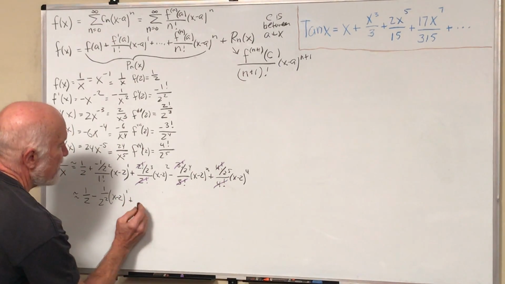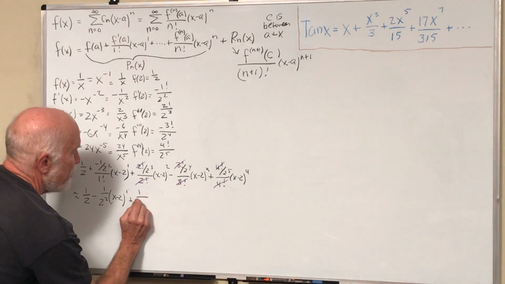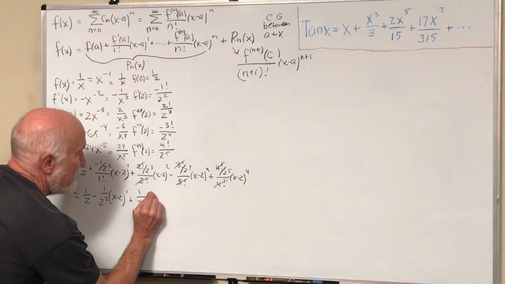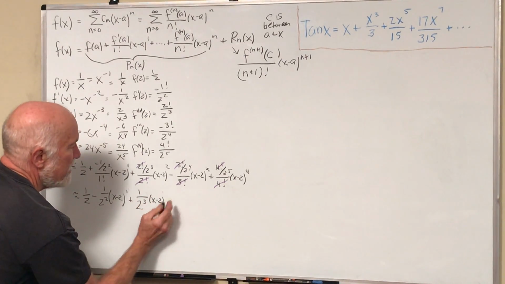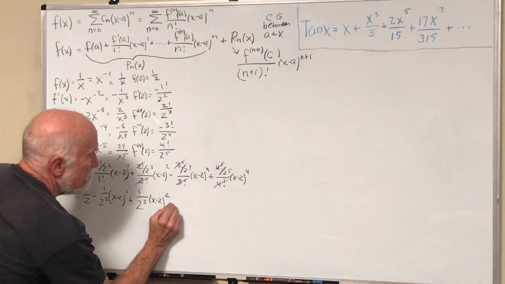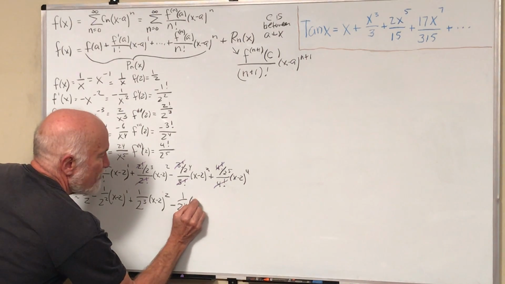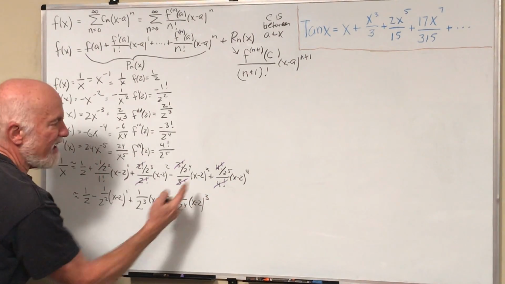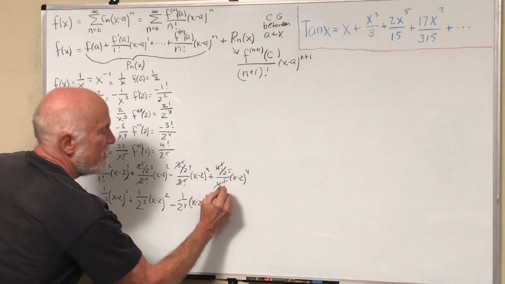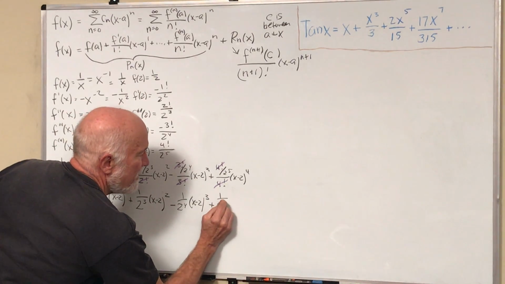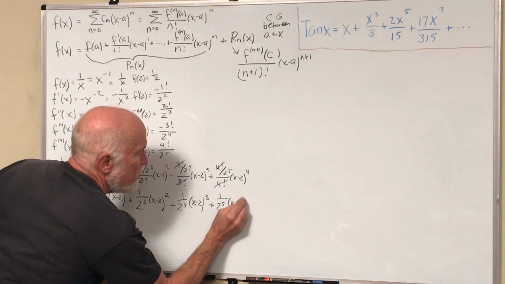Then plus 1 over 2 cubed times x minus 2 squared, then minus 1 over 2 to the fourth times x minus 2 cubed, and lastly plus 1 over 2 to the fifth times x minus 2 to the fourth.